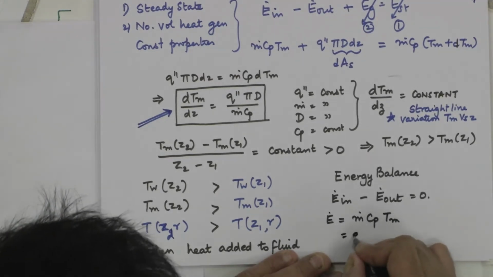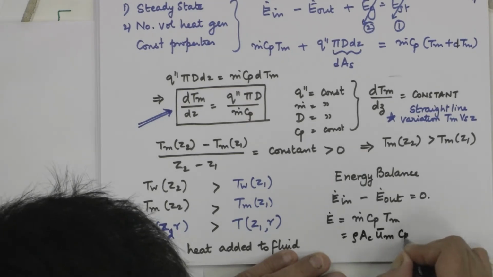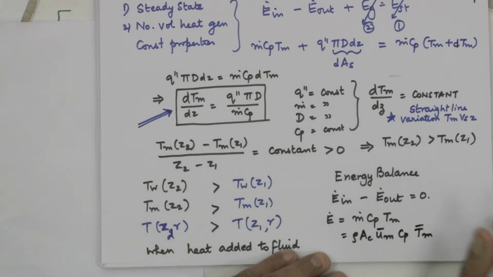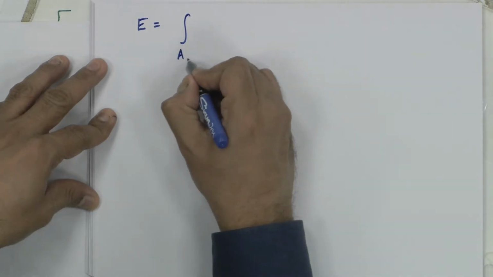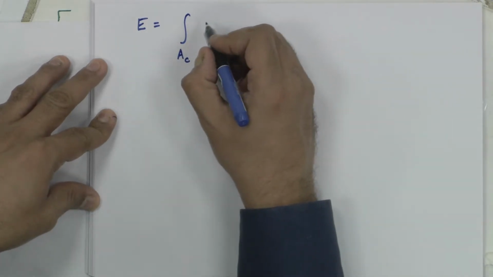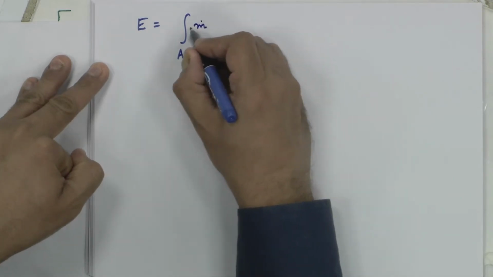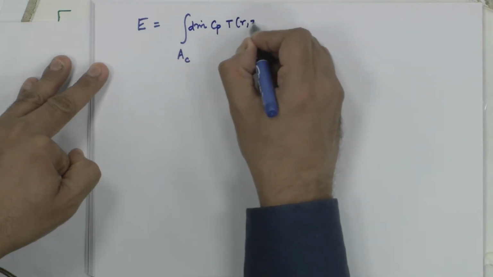What is m dot? Rho cross sectional area U bulk mean, Cp T bulk mean, which I have to define. Correct? So, this quantity is nothing but E, energy calculated by integration over the cross sectional area. What is this integration? This is nothing but the integral of dm dot Cp T of r comma z.